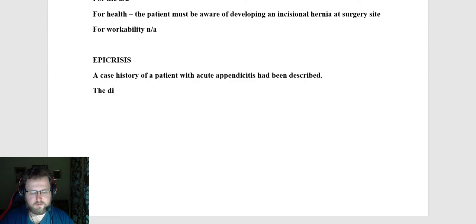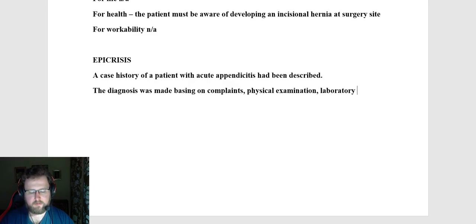The diagnosis was made basing on complaints, physical examination, laboratory data, and radiologic data.